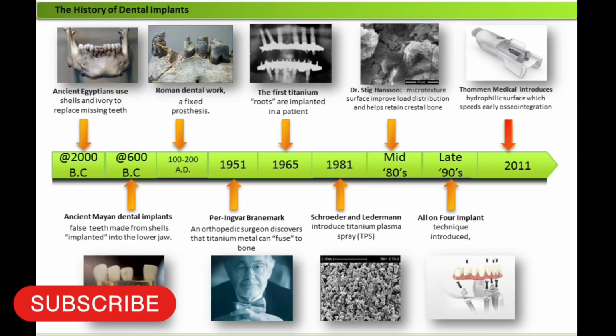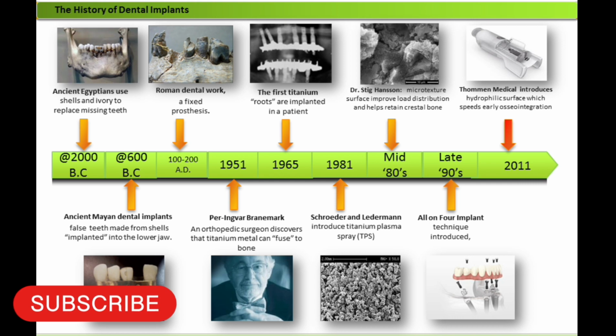The history of dental implants starts from 2000 BC, when ancient Egyptians used shells and ivory to replace missing teeth. Then in 600 BC, ancient Mayans used false teeth made from shells implanted into the lower jaw. In 100 to 200 AD, Roman dental work included fixed prostheses, as you can see.